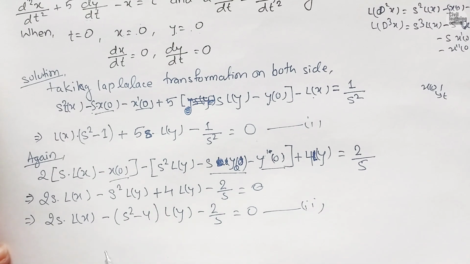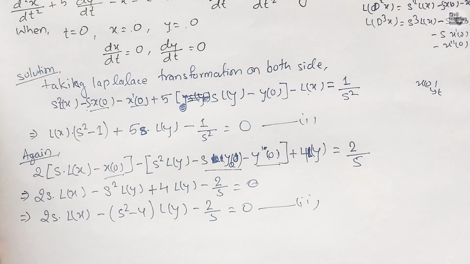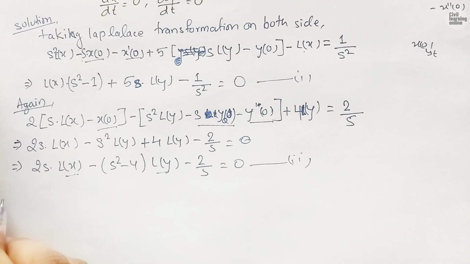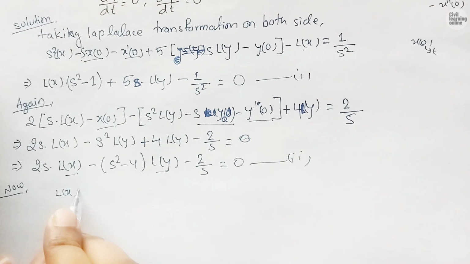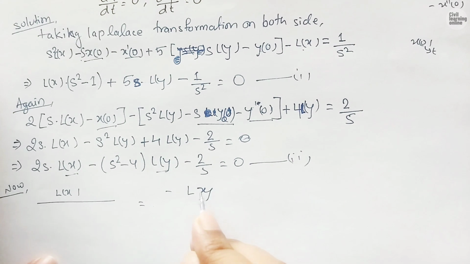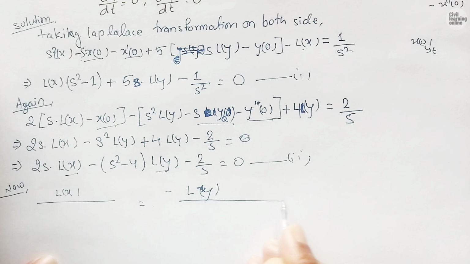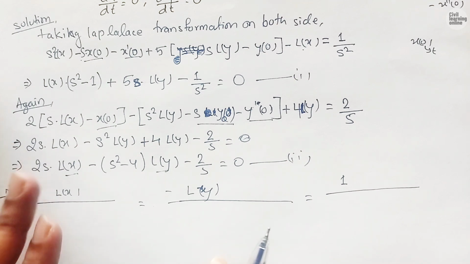Now we will apply Cramer's rule to find the value of Laplace transformation of x and Laplace transformation of y. How we are going to do this? See further. So we will write it as Laplace transformation of x upon equals to minus Laplace transformation of y upon equals to 1 upon. So what we will have here, we will simply cover the Laplace transformation of x column.